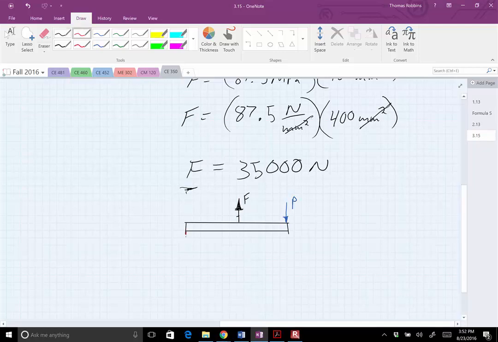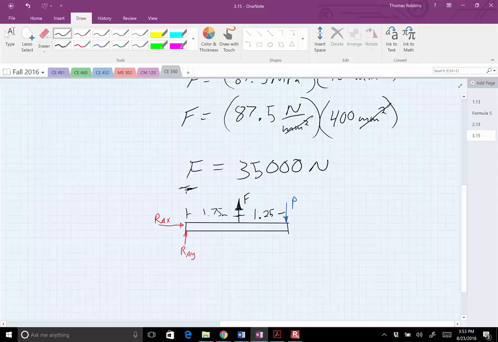Then I have a couple of reactions over here: a reaction of AY, and a reaction of AX. And then we have some distances: from here to here is 1.75 meters, and from here to here is 1.25 meters.